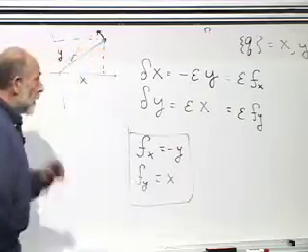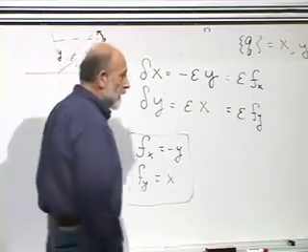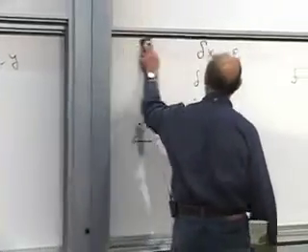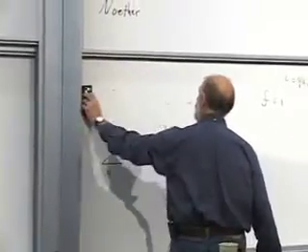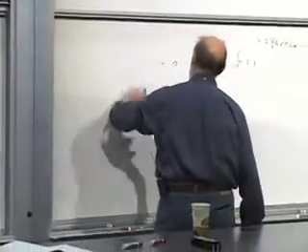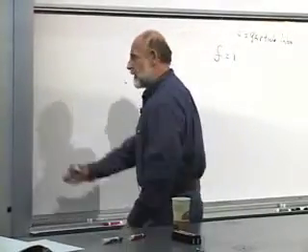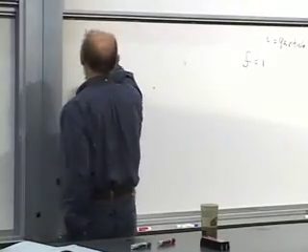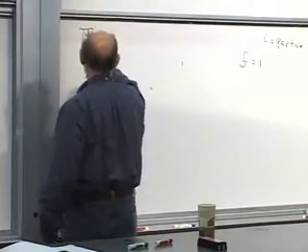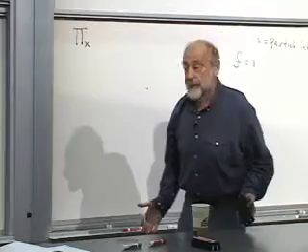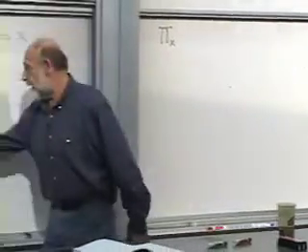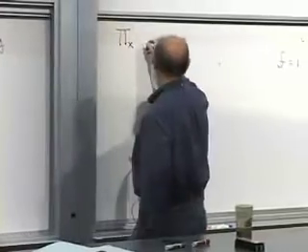Now let's work out the Noether charge. The Noether charge, where did we have it? Here it is, right here. Let's work it out. It's the sum over the two coordinates of pi x, that's just the x component of momentum, times fx, but fx is minus y.